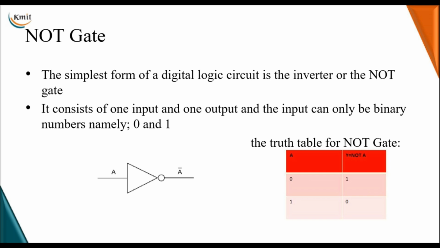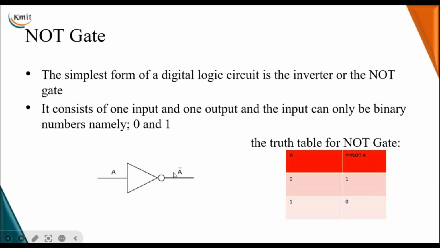A NOT gate has only one input, so we replace that single input with the possible values 0 and 1, and the output is always the complement of its input. For 0 we obtain 1, for 1 we obtain 0.